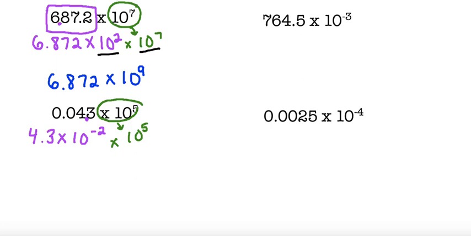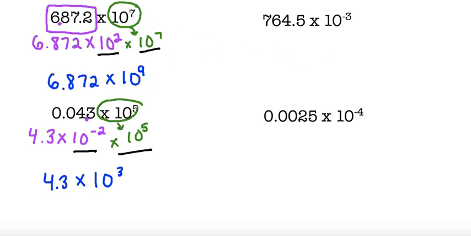And we're going to combine, so we're going to multiply here 10 to the power of -2 and 10 to the power of 5 because the base is the same. And we're going to end up with 4 3/10 times 10 to the power of 3, because 10 to the power of -2 times 10 to the power of 5 is 10 to the power of 3.